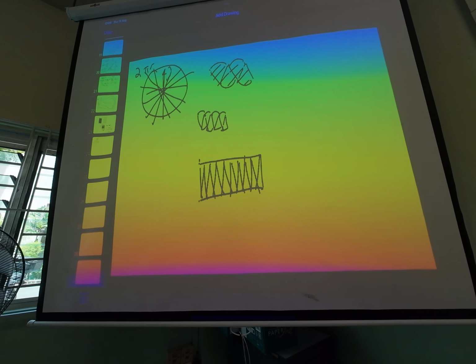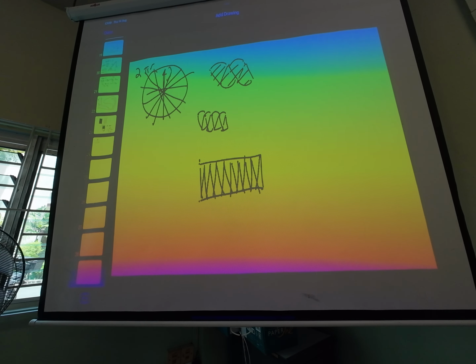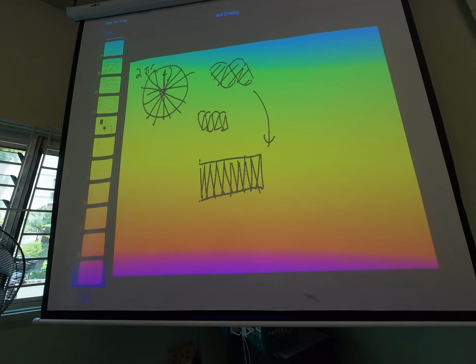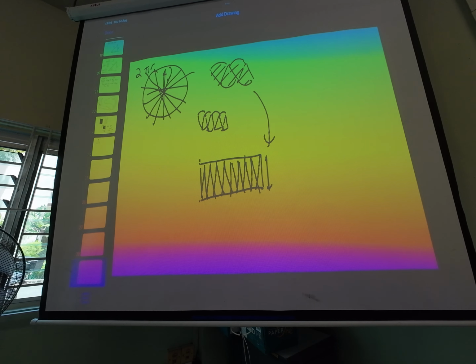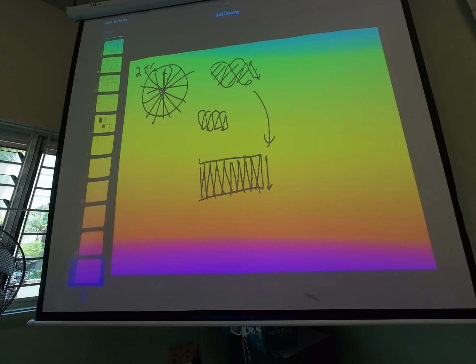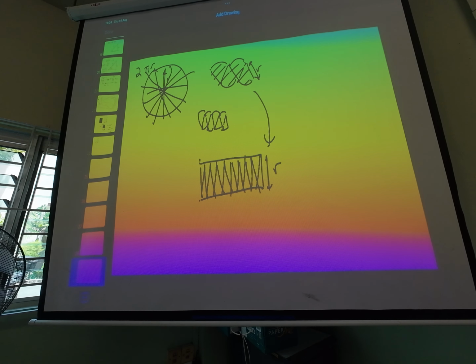Okay? If I can cut it into infinite pieces, I will be able to make it look more and more like a rectangle. And what is this distance? This distance is the radius. And what is this length?